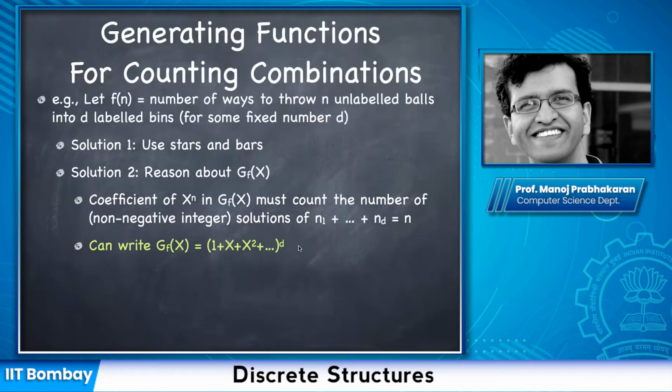That's why they multiply to x to the power n. And the number of ways you can do this is exactly the coefficient of x to the power n in this expression.